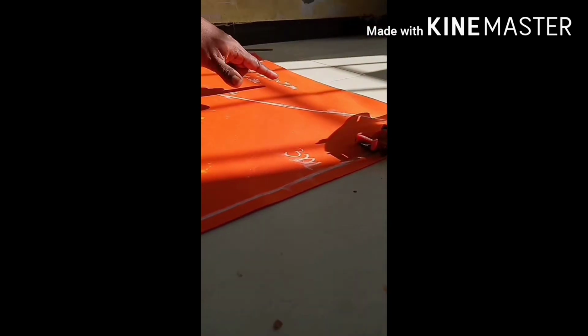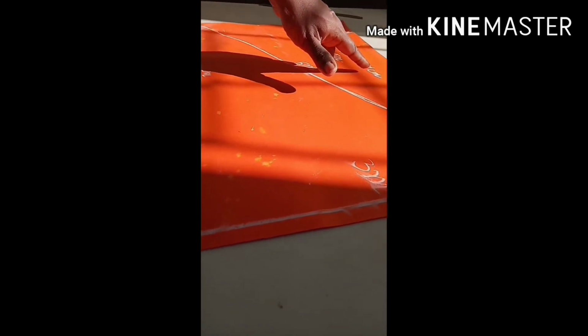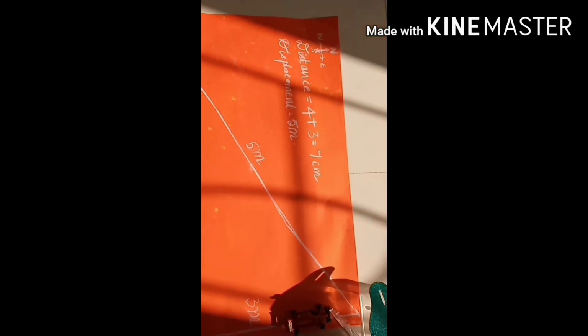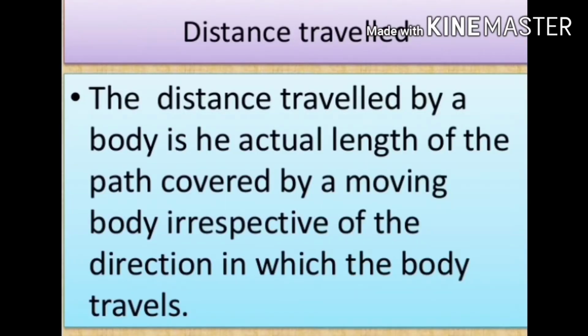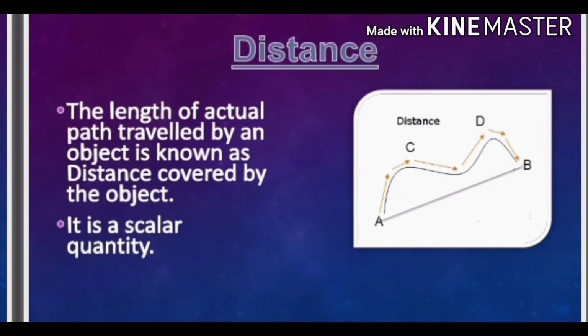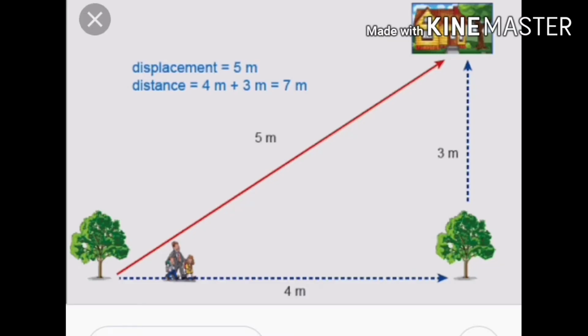So we get the distance as 4 plus 3, that's 7 meters. Distance travelled by a body is equal to the actual length of the path covered by the body, irrespective of the direction in which the body travels.